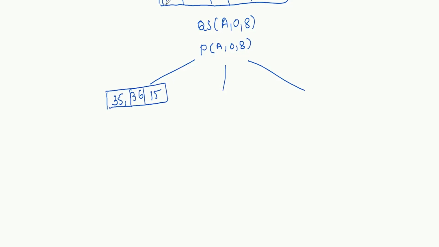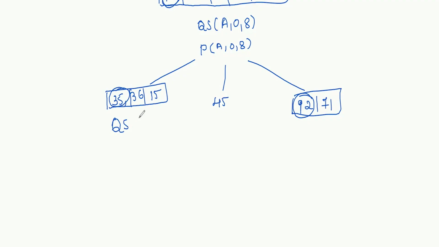Here this was the pivot element, and then it was divided as 92 and 71. So next we took this as a pivot element, this as a pivot element.